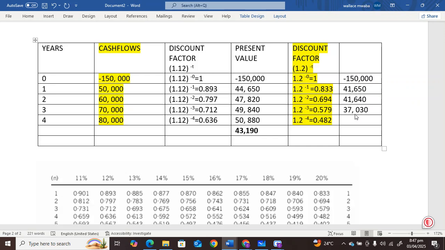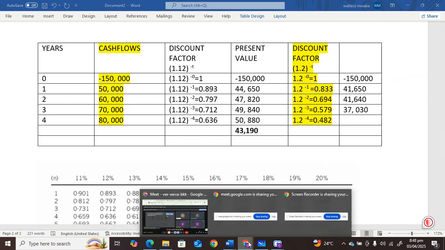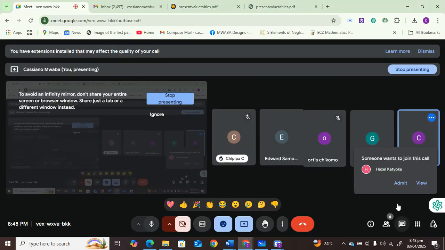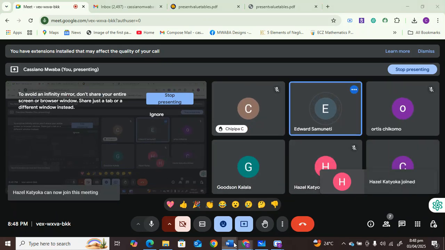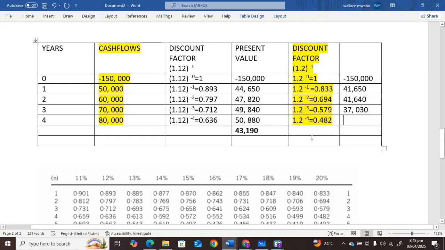Then 80,000 times 0.482, you get 38,560.